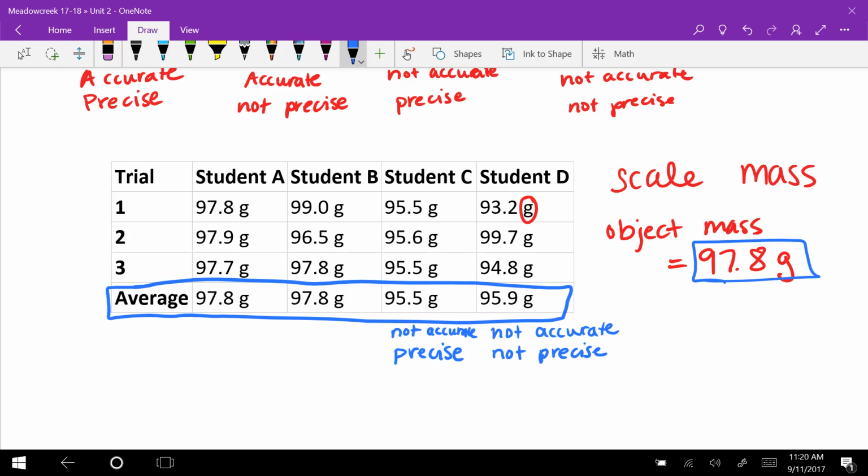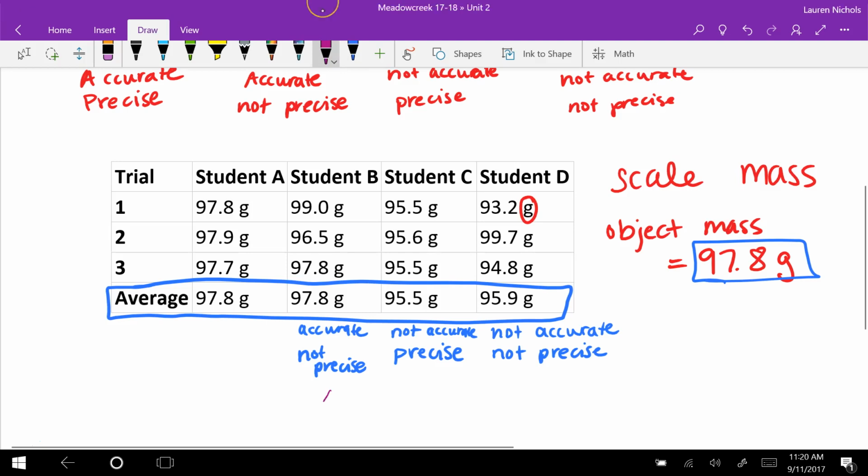Student B, 99.0 grams, 96.5 grams, 97.8 grams. Their numbers are kind of all over the place, so this person would not be precise. However, if we look at their average was 97.8 grams, and because that matches our correct value, they are accurate. Okay, now I would label this person as just lucky.